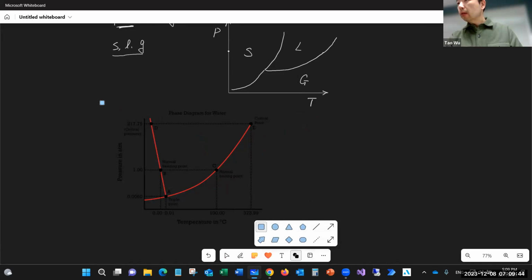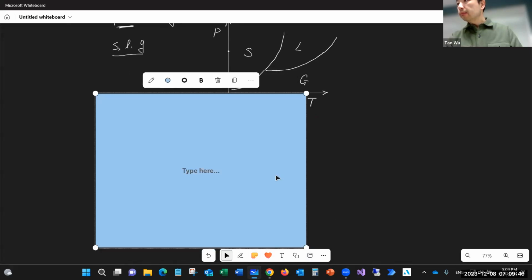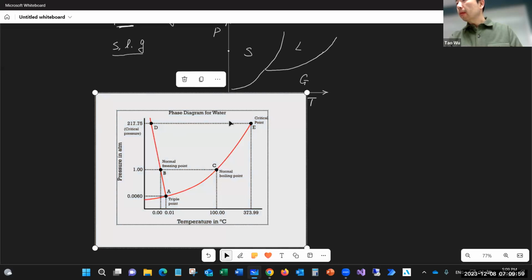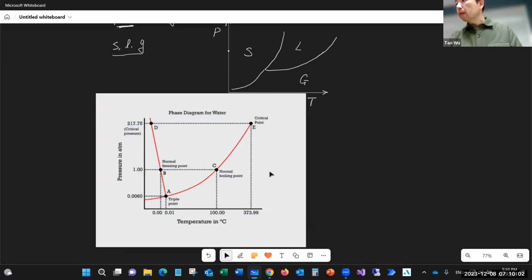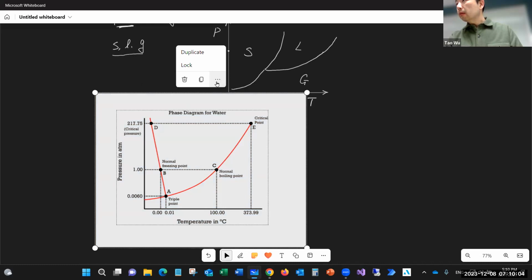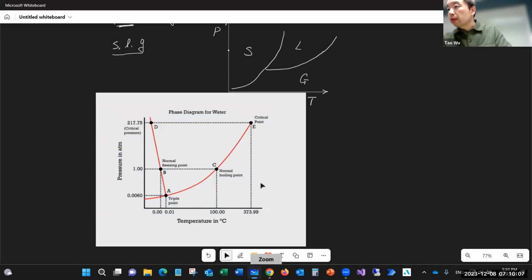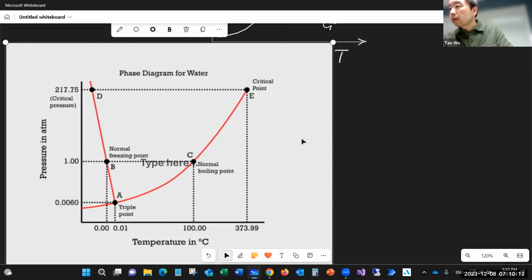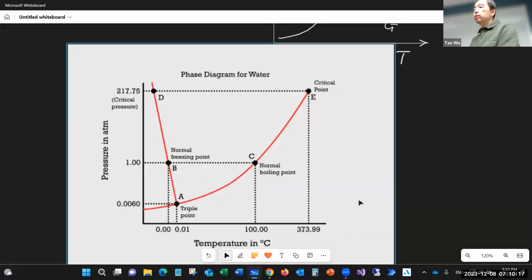Okay, now you can see this is the phase diagram for water.